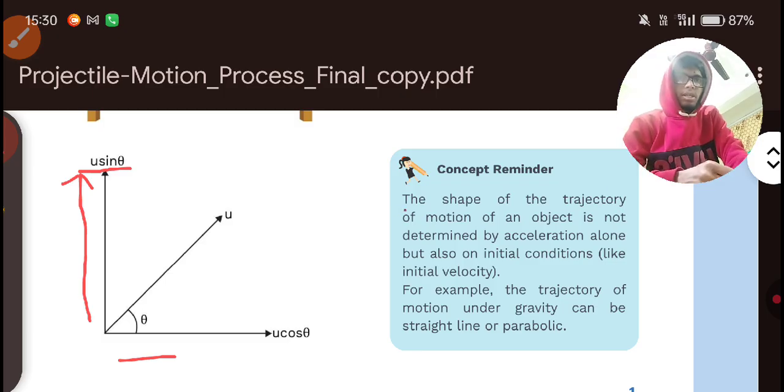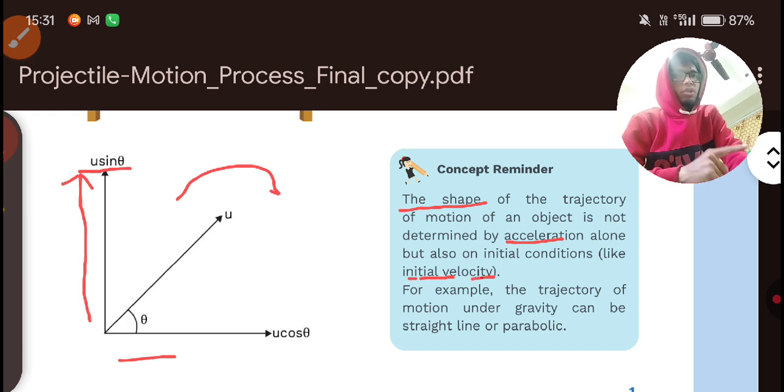Have a look over here. The shape of the trajectory of motion of an object is not determined by acceleration alone, but also by initial conditions like initial velocity. This parabolic motion will not depend only on acceleration, it will also depend on initial velocity.